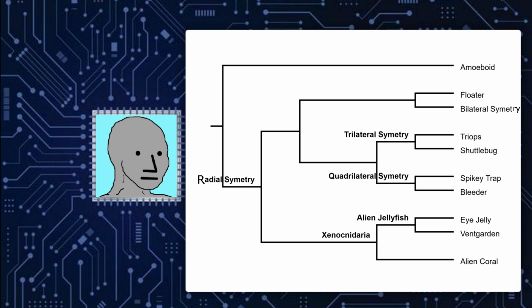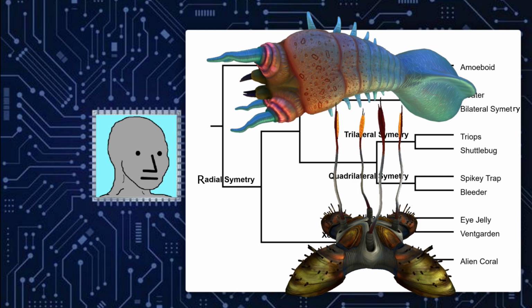Quadrilaterally symmetrical creatures are also only represented by two species, the spiky trap and the bleeder. Unlike the other ones, however, they seem to be very closely related and have very similar traits with one another.